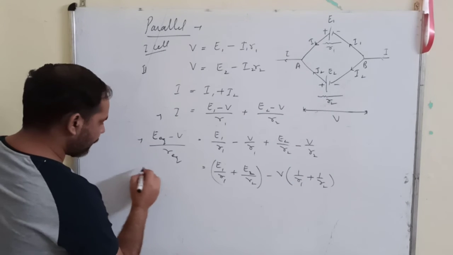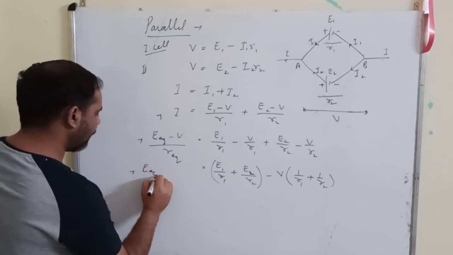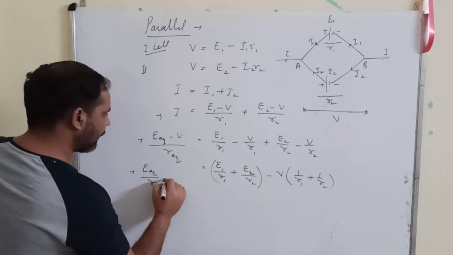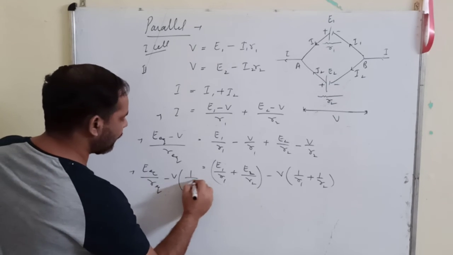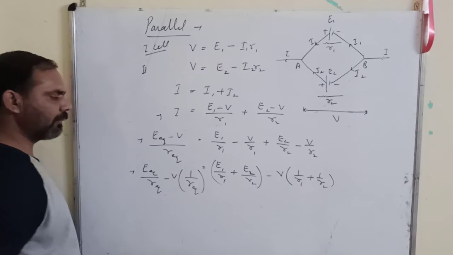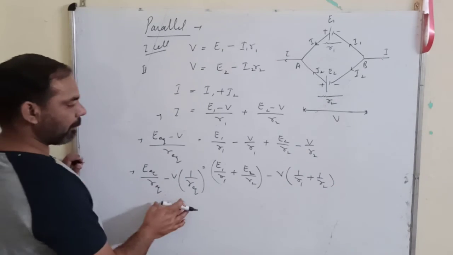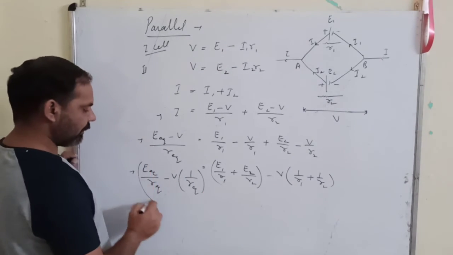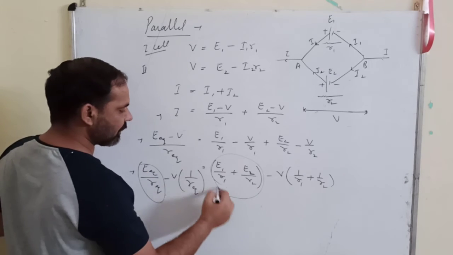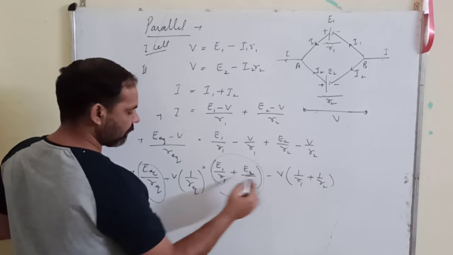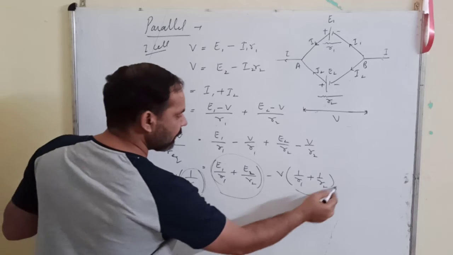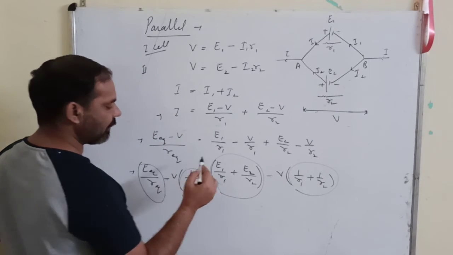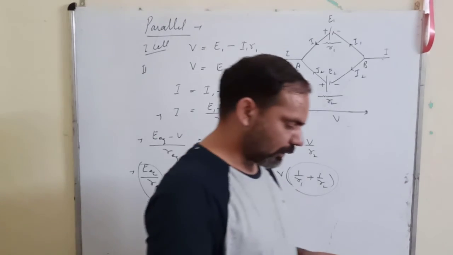So you can write here E equivalent upon R equivalent minus V into 1 upon R equivalent. Now comparing the two sides, this term should be equal to the first term and this term should be equal to the second term, as there is an equal sign between them.